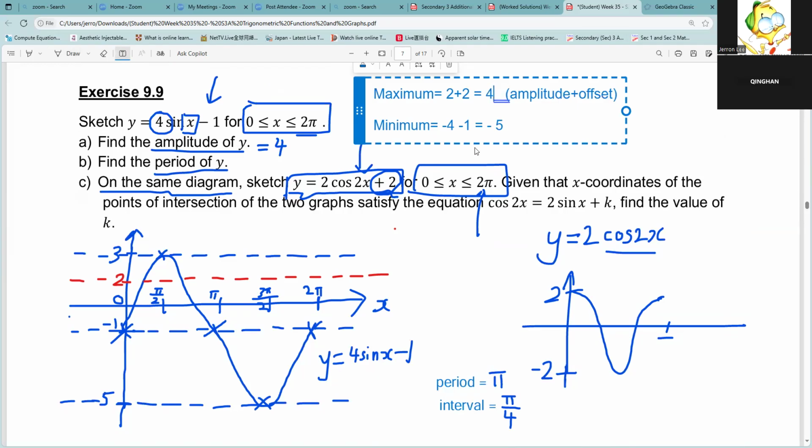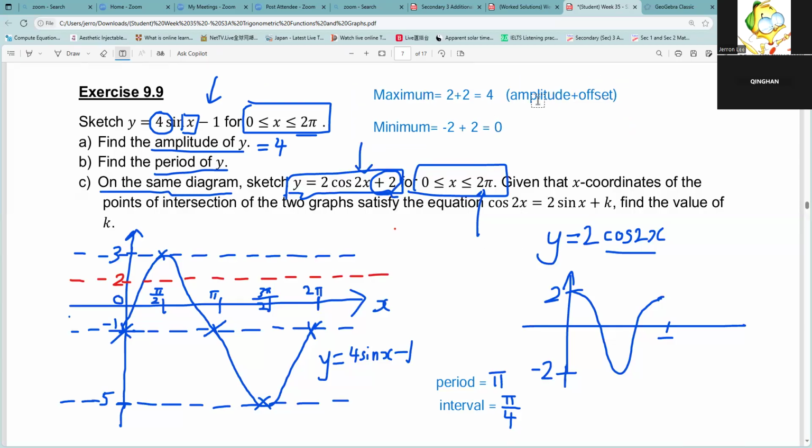The so-called minimum is going to be -2 plus 2, which is 0. Okay. All right. So basically, this is what I have. So basically, maximum 4, minimum 0. Okay. Possible or not? Let's try.